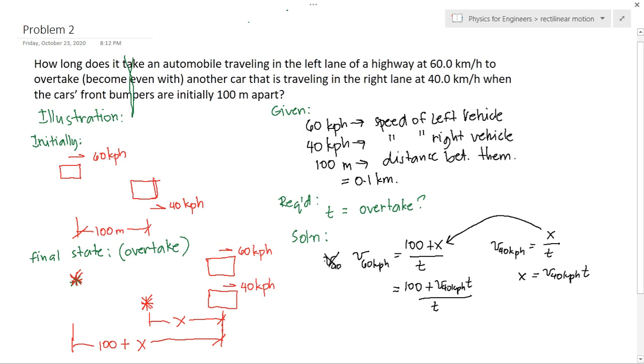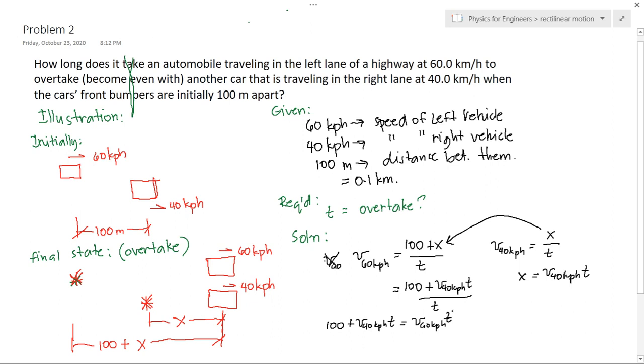Then cross multiply, we have 100 plus v40 kph times time, which is equals to v60 kph times time.